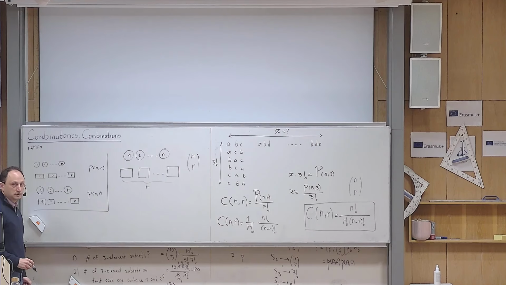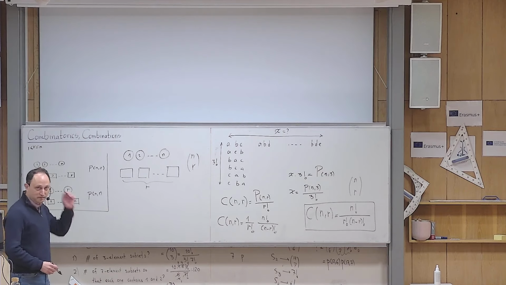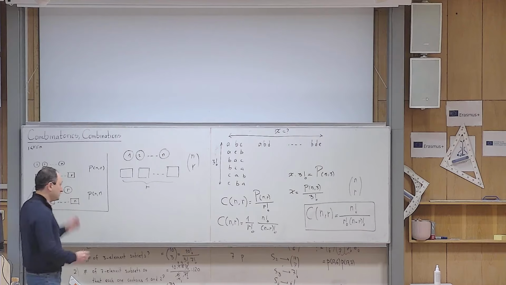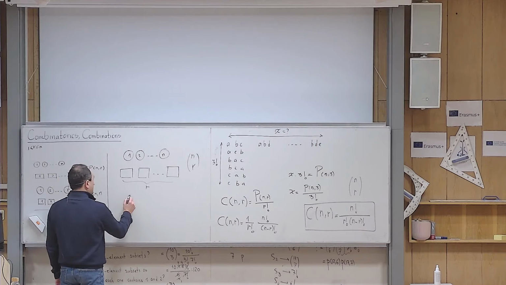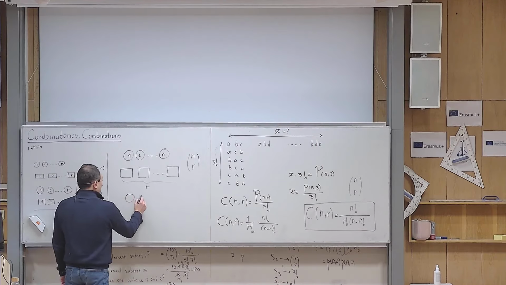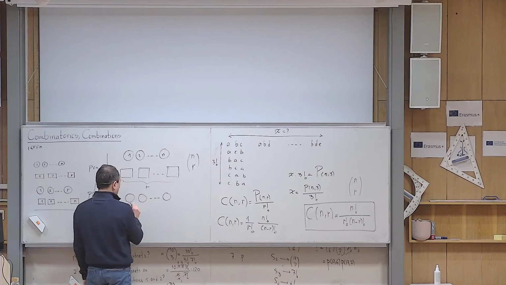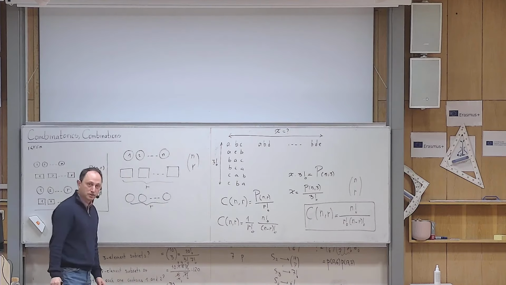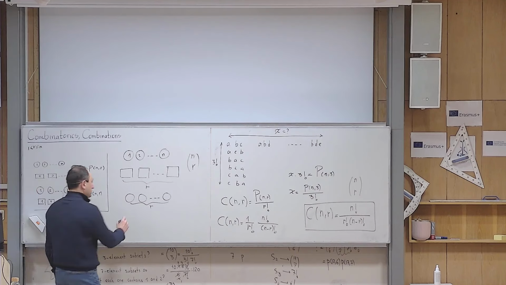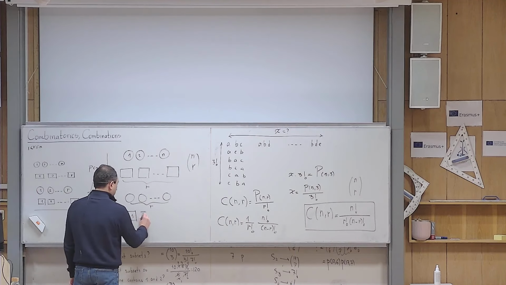The marbles are not labeled, and how many of them are there? Yes, there are r marbles, you can say quantum mechanically electrons, which are completely identical, but r of them. But this time your boxes are labeled.